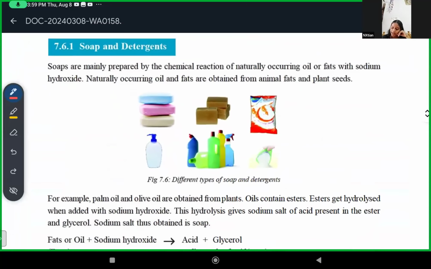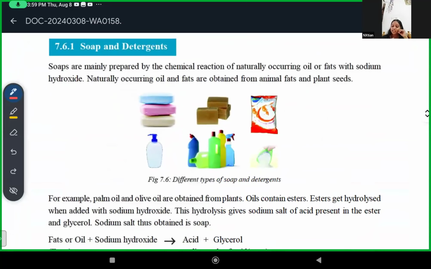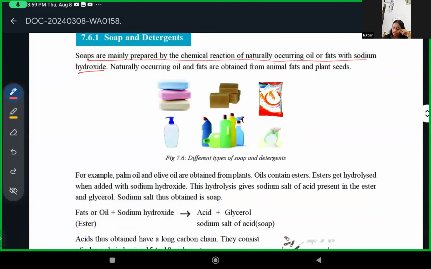Now, soap and detergents. Let's talk about them. Soaps are mainly prepared by the chemical reaction of naturally occurring oils or fats with sodium hydroxide. Oils and fats are obtained from animal fats or plant seeds.